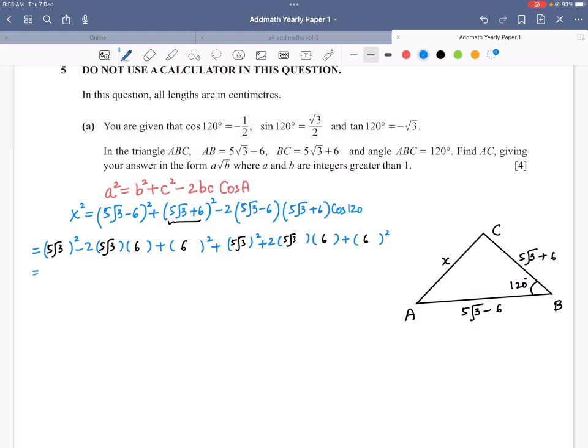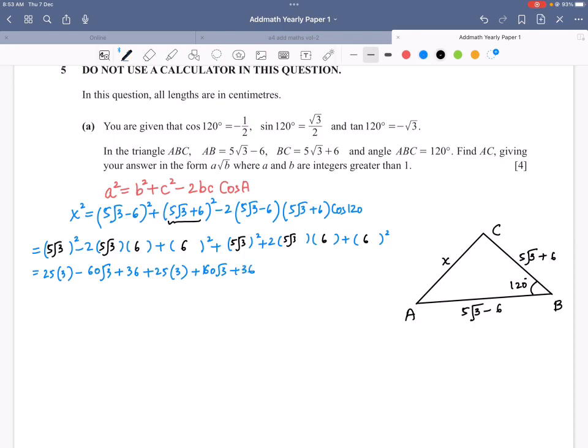It will be 5 square is 25 and root 3 square is 3, minus 2 5s are 10, 6 are 60 root 3, plus 6 square is 36, plus 5 square is 25, root 3 square is 3, plus 2 5s are 10, 6 are 60 root 3, plus 36, right?